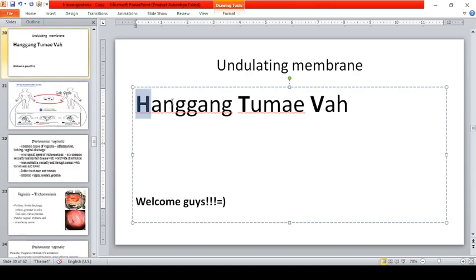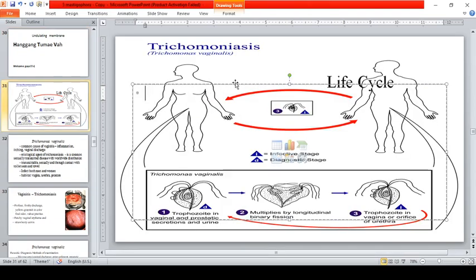Ibig sabihin, si hominis yung may pinakamahabang undulating membrane. Pangalawa, si tenax, 2/3 of the body. And 1/2 lang yung undulating membrane ni vaginalis relative to the size of its body. So, welcome guys, okay? So, kung ano lang maitulong ko, char.